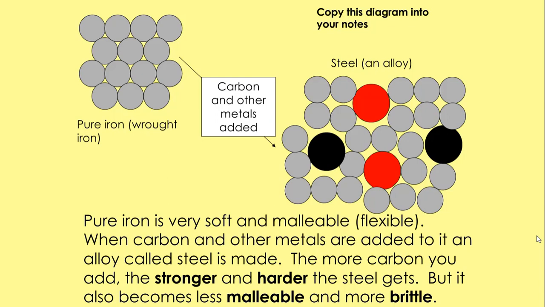That means the rows of ions can no longer slide over each other as effectively, and so it's not as malleable. It's more brittle, more likely to break apart, but it's also harder and stronger. So there are good points in that it's stronger and harder, but bad points in that it's less malleable and more brittle. It depends what you want to use it for, whether this is a good thing or a bad thing.